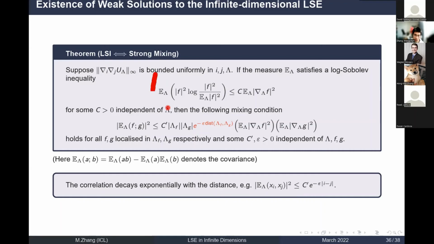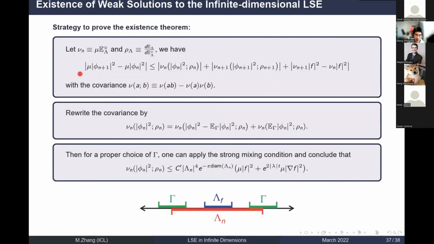So that's the power of the log Sobolev inequality. If we have this one, then we can deduce this exponential decay of correlation. That's another reason why we need the log Sobolev inequality as a condition. And finally, by this exponential decay, we can prove that this difference is controlled by some exponential factor here.